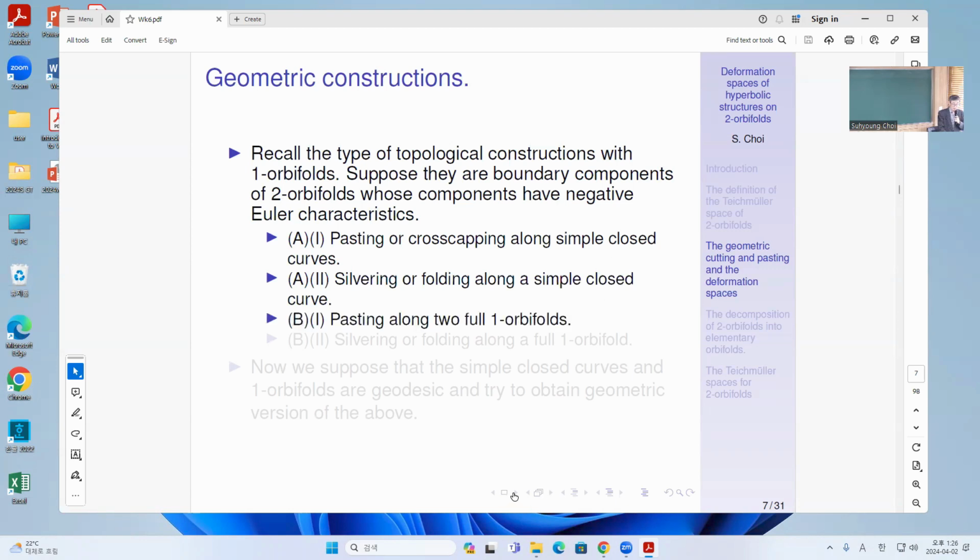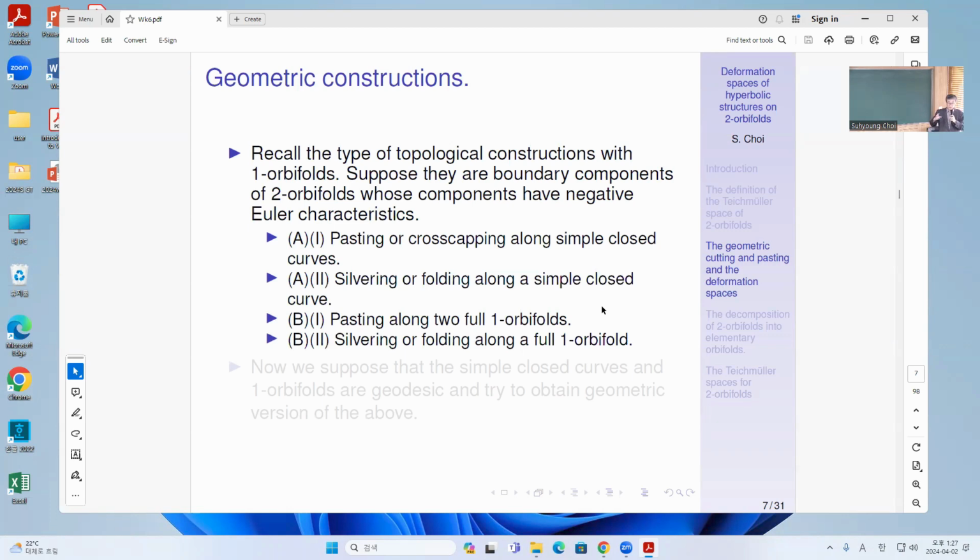And so the first is you paste two full one-orbifolds by just gluing them together. These should be in the boundary actually, right? And then the silvering or folding along a one-orbifold. Silvering means we just make it into a silvered edge. In that case, the boundary one-orbifold will become silvered, but the endpoints will now lie in corner reflectors of order 2, right?